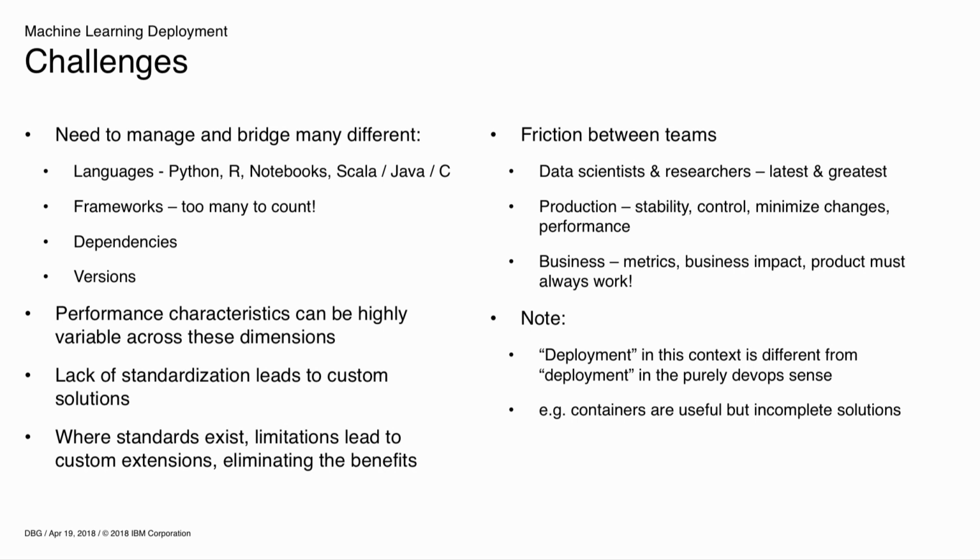So the data scientists will use Python, R, Jupyter Notebooks, sometimes Scala if they're using Spark. The production engineers probably prefer things like Java, C, C++, maybe Go. So you have this disparity between the frameworks, the languages, and the kind of business needs, what they care about. And at the end of the day, business itself might care a little bit about the fact that you're using the latest, greatest deep learning models, so that they can use that in their marketing.